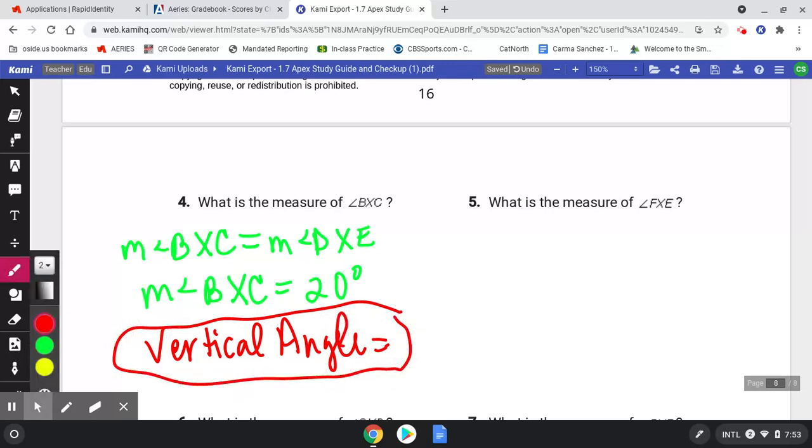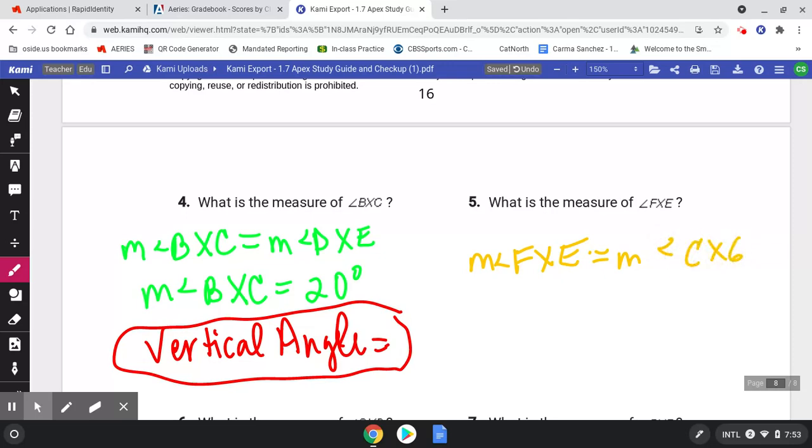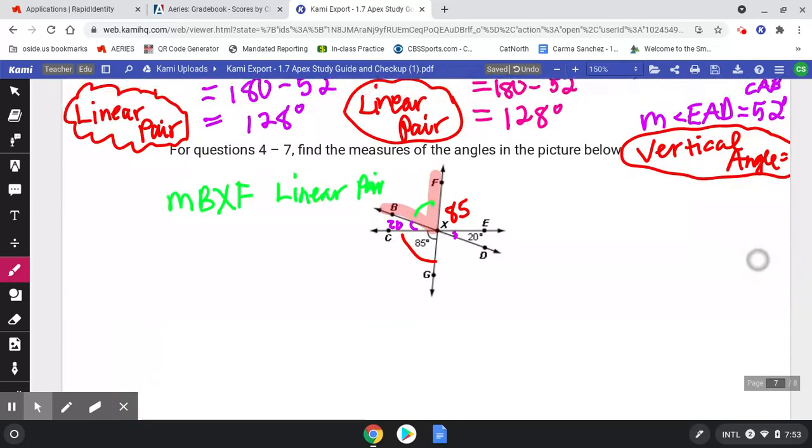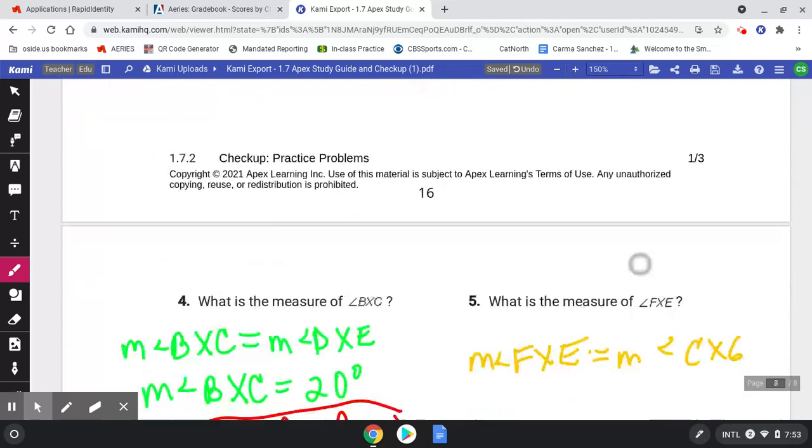All right, let's go do the next guy. What is the measure of FXE? Measure of angle FXE is equal to the measure of angle CXG. Let me go back to the picture so you can see it. Measure FXE, that's the 85 I drew in, is equal to the measure of CXG.